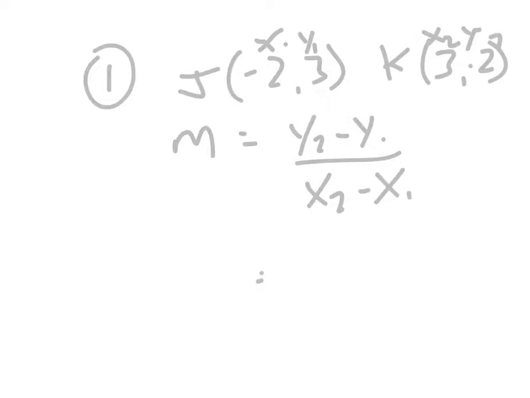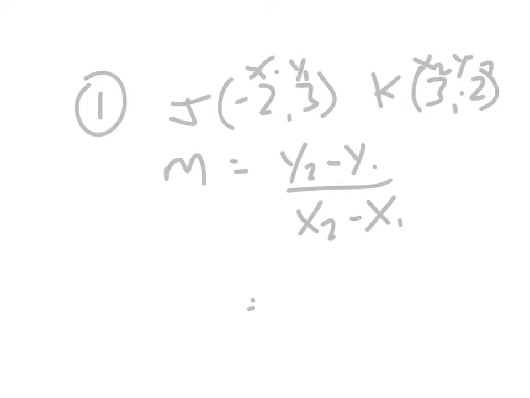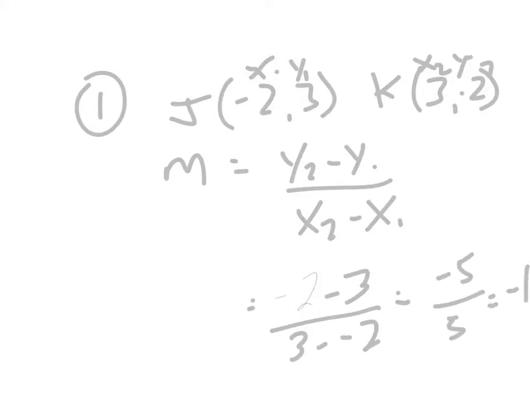So we've got y2 is -2, minus 3, all over 3 minus -2, so you've got -5 over 5, which is going to give you a slope of -1.